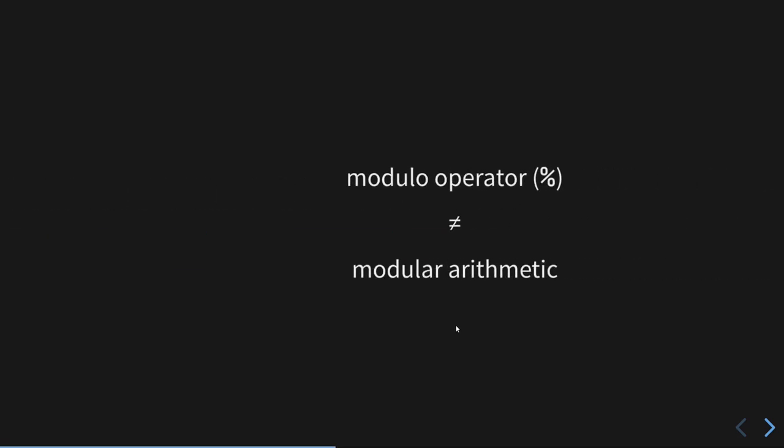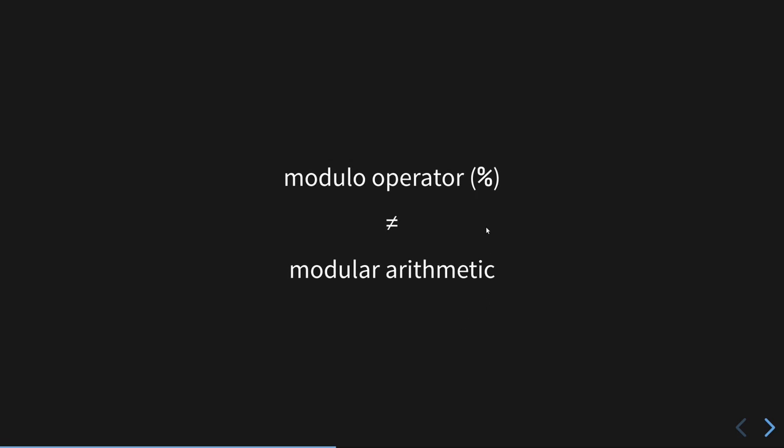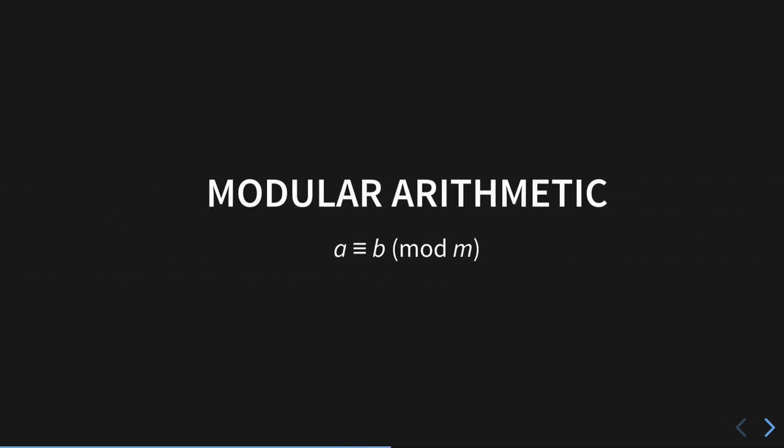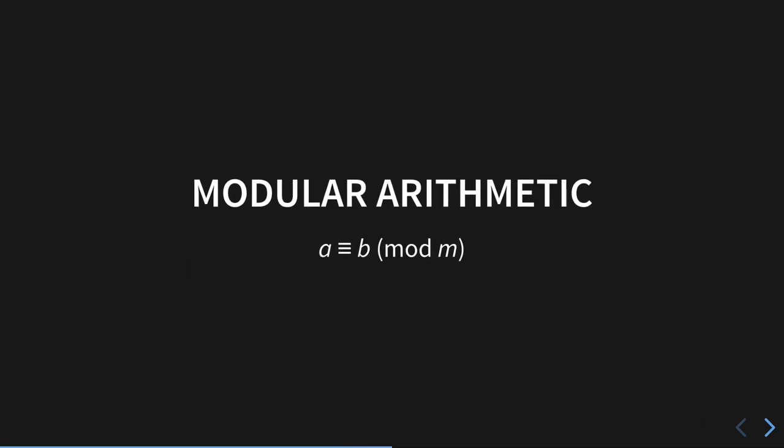But this operator is a computational operation, not mathematic. The mathematics is covered in modular arithmetic, and these things are not the same. They are related, but not exactly the same, and we'll see why in a moment.